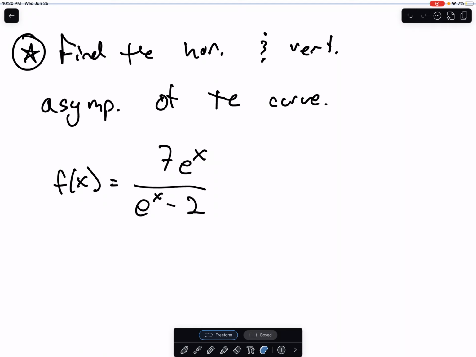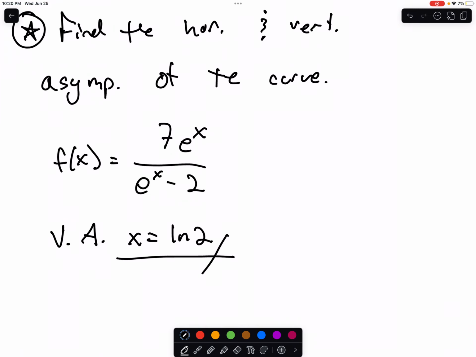And I think we did that already, right? So the vertical asymptote, I think we said it was x equals the natural log of 2. Because the e and natural log cancel each other out, it's going to be a 2 minus 2, which is a 0. And we don't have 0 on top. So the vertical asymptote should occur when x equals the natural log of 2. So this looks like our vertical asymptote.